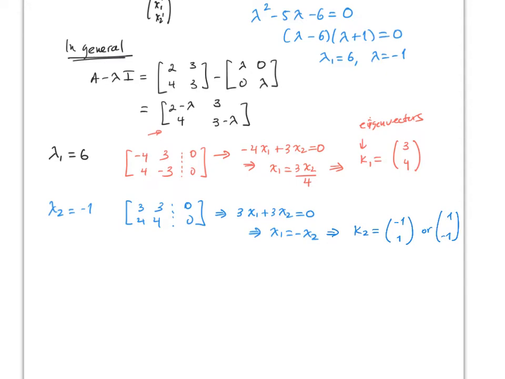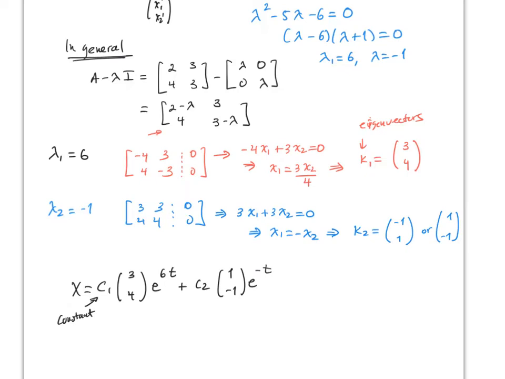So therefore the solution is going to be C1. This is just a constant, not a vector, a constant. And then the first vector was 3, 4. So this is K1. And it will be e to the 6t plus the second constant, the second eigenvector, e to the minus t.